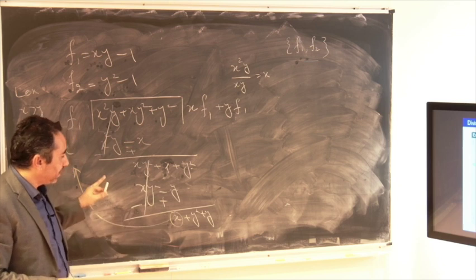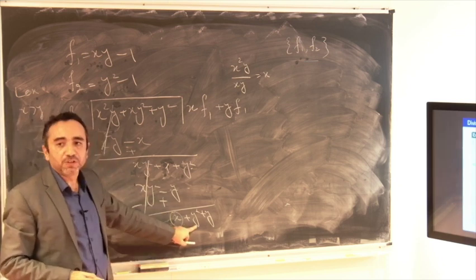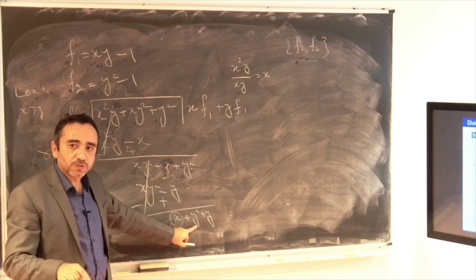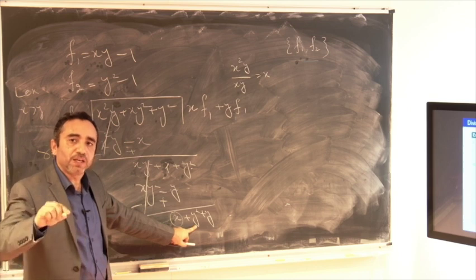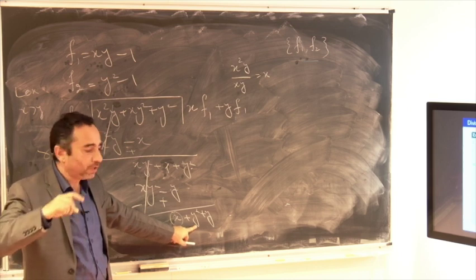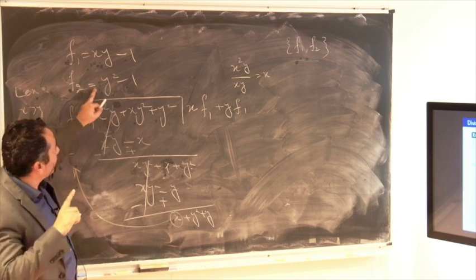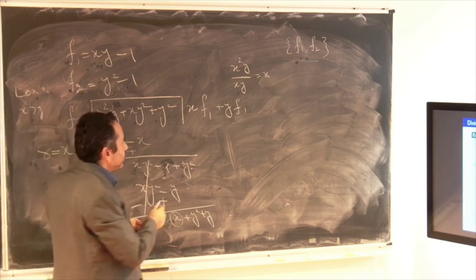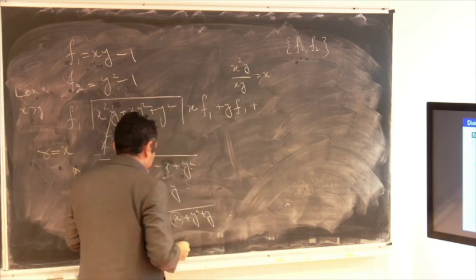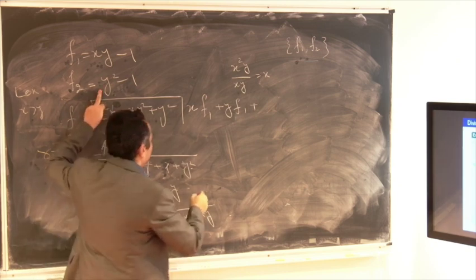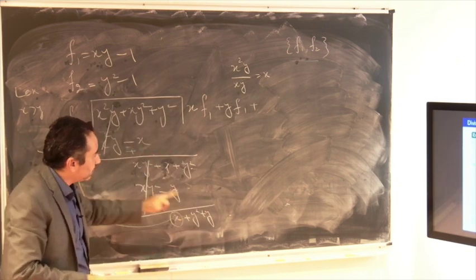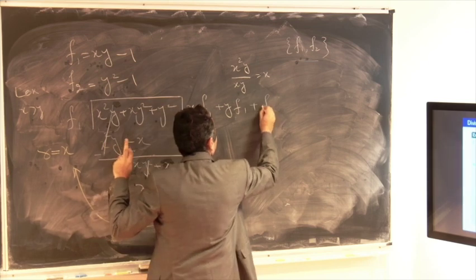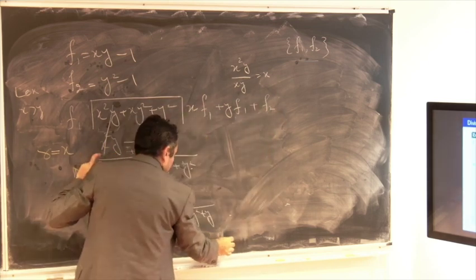So x goes to the remainder, and what we are left with is y square. Now we have to check whether it is divisible by any of the leading monomials of f1 or f2. It is divisible by the leading monomial of f2, so we will now use f2. We have 1 times f2, since y square just needs to be multiplied with 1.